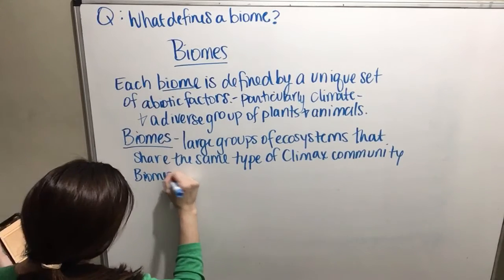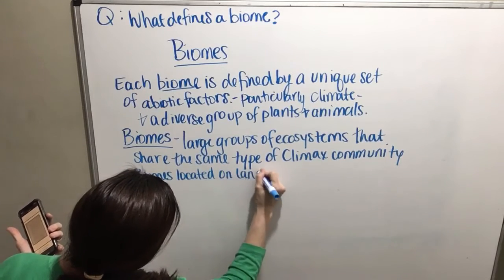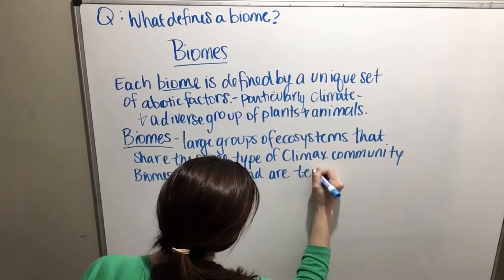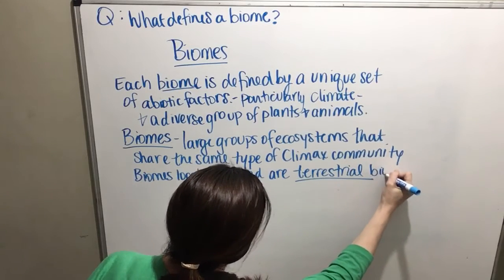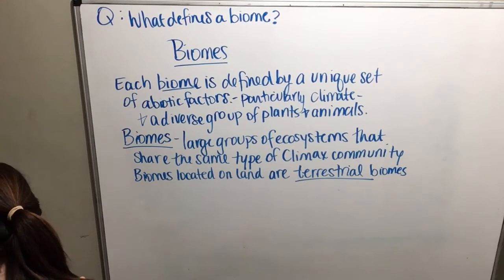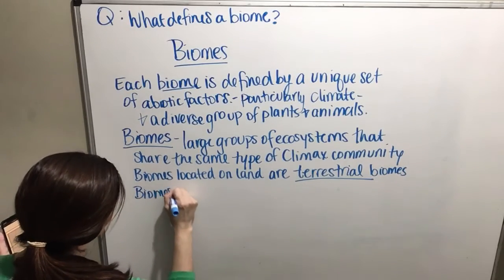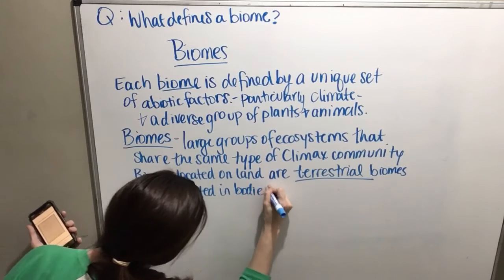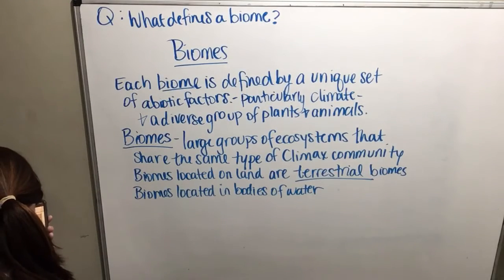So these biomes share that same type of climax community. Biomes that are located on land are called terrestrial biomes. And the ones that are located in bodies of water are called aquatic biomes.